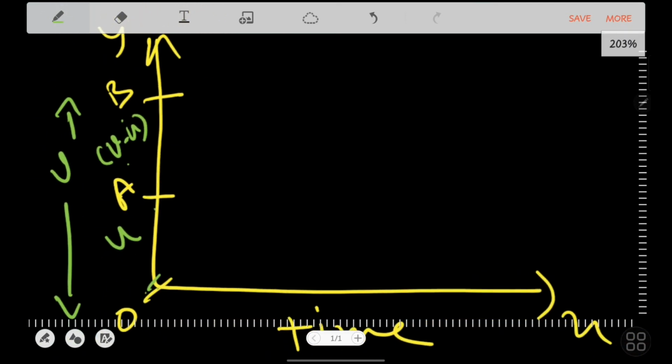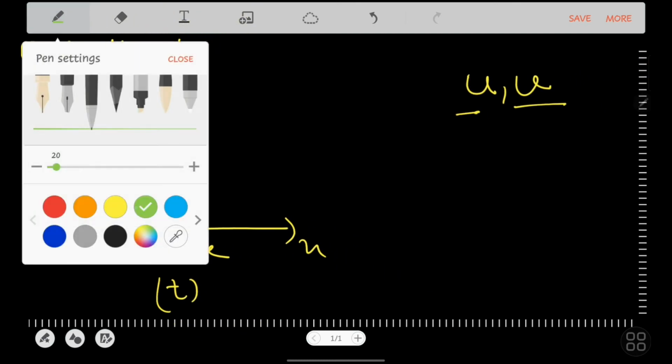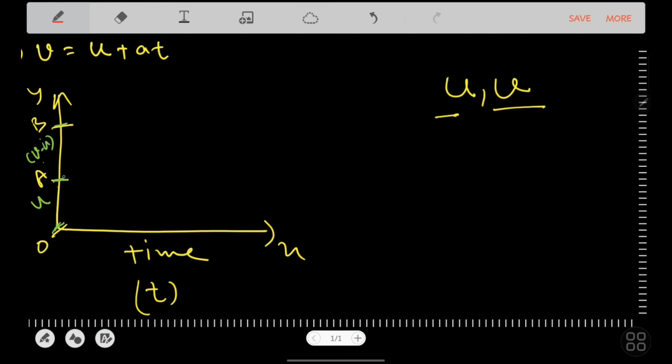It is V minus U, because from O to B we have taken V and O to A only we have taken U. That's why the remaining portion, AB, will be the subtraction V minus U. Now we are going to take one slope between A and B. This slope will represent the acceleration, because we know the acceleration is equal to delta V upon T, which is equal to V minus U upon T.